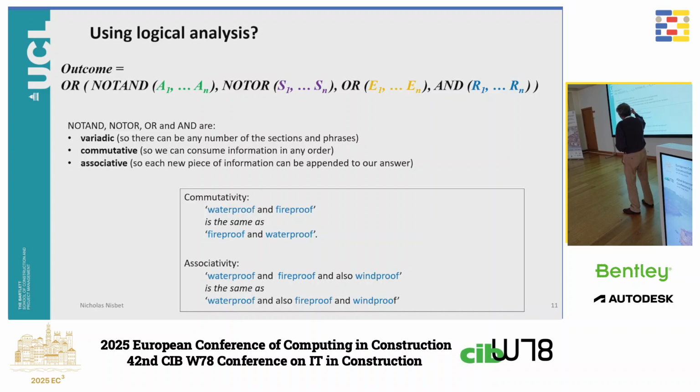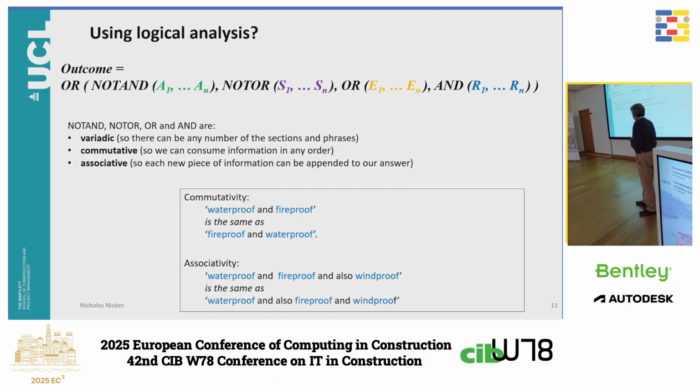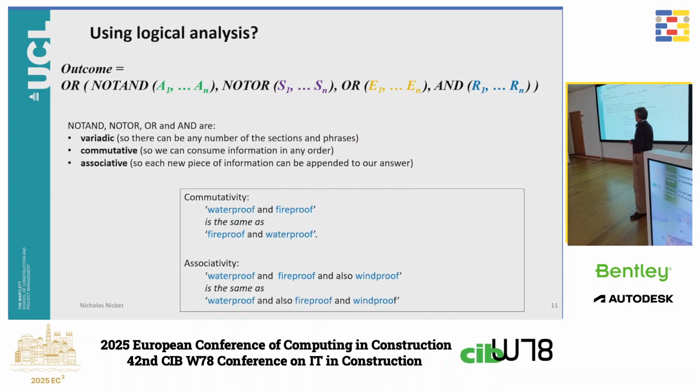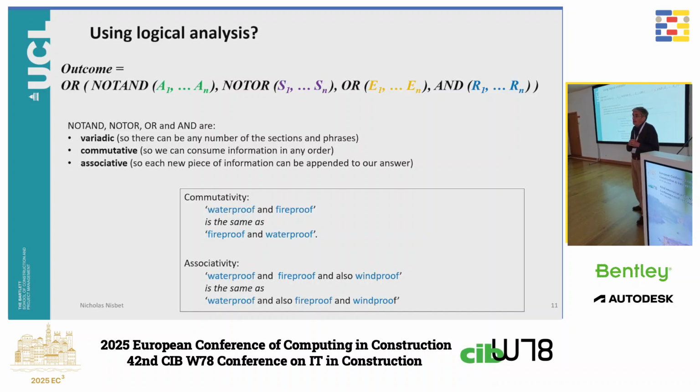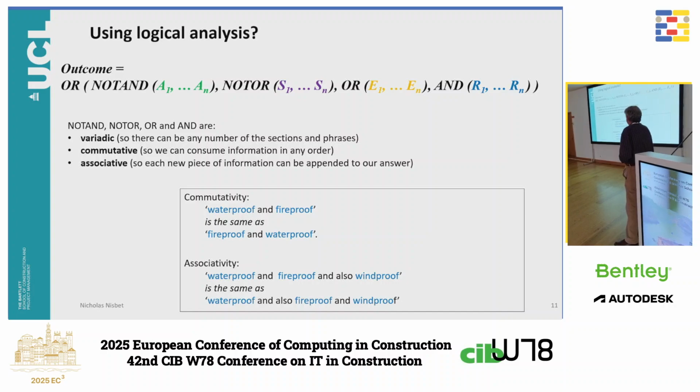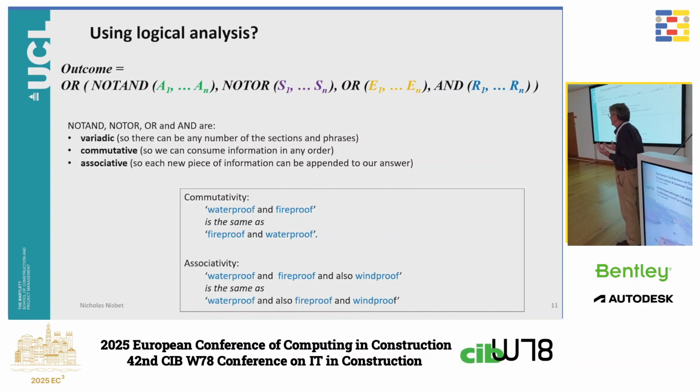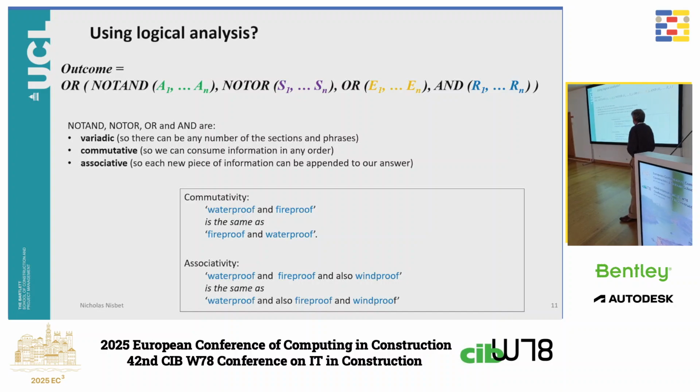But we can put in 3 extra requirements. First of all, we want to be able to handle any number of concepts in the expressions. So that's called, you want to be variadic. We don't want to only deal with 1 or 2 arguments, because that's very limiting, and we don't write that way.